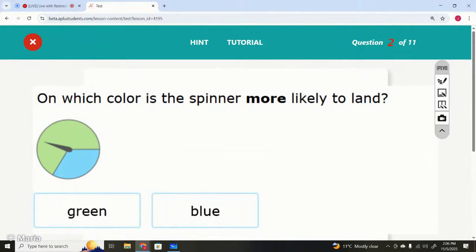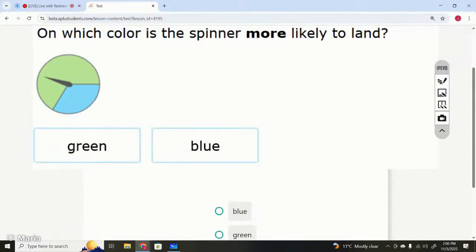On which color is the spinner more likely to land? So just look at the spinner. The spinner is green and blue. The spinner has more green than blue.